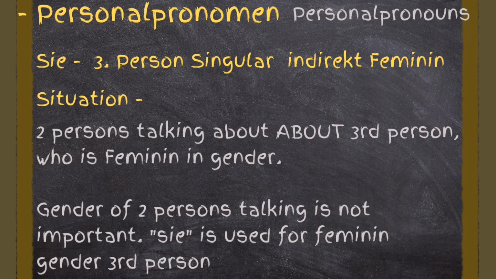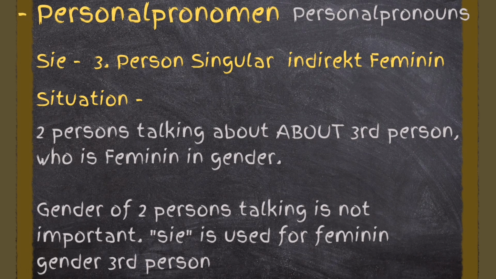Here, please also note the gender of the two persons talking is not important. It may be a man or a woman talking to each other about another third person who is feminine.